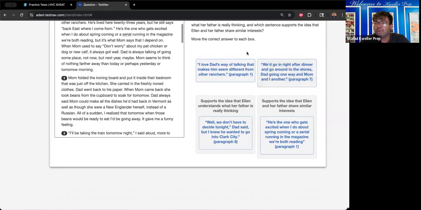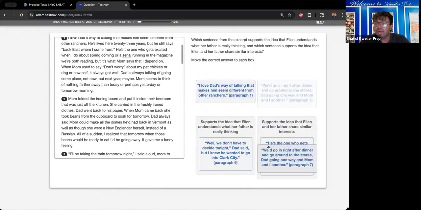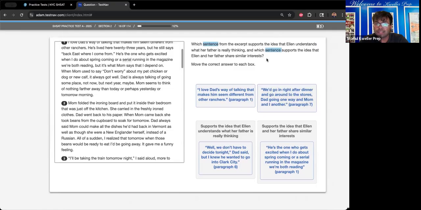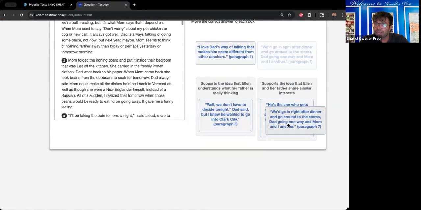This doesn't really support either box. The reason you don't put anything else into the other boxes is that the question asks for one sentence that supports one box and one sentence that supports the other. If it asked for multiple, it would say sentences with an S, but here it just says sentence. So we don't have the option to put multiple in the box.